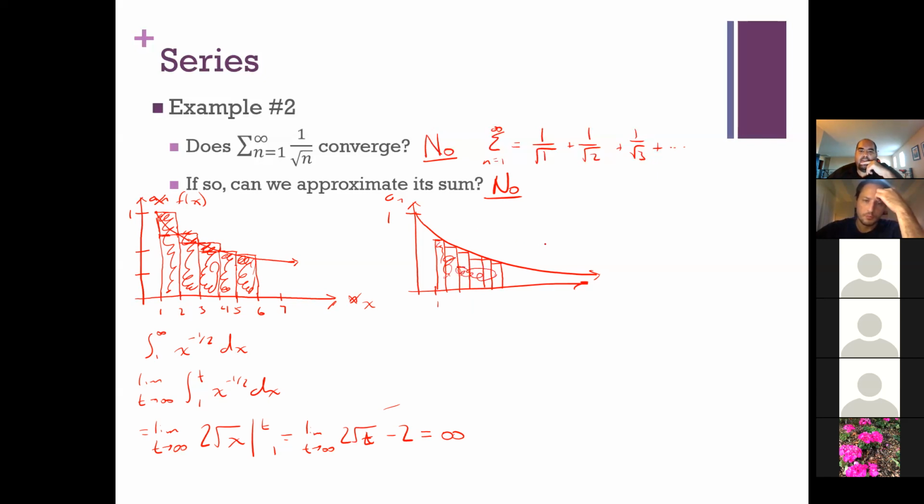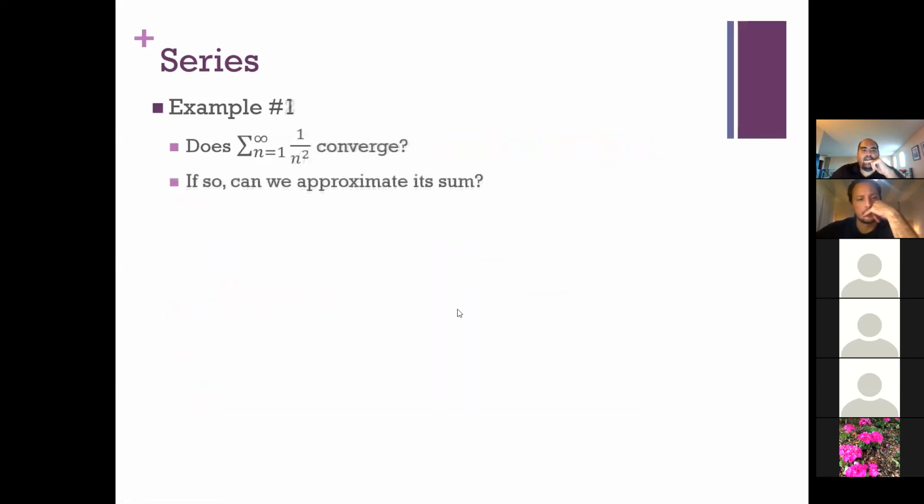So if I find out that the integral diverges, then I really can't say that the series diverges, because the sum of the series is going to be smaller. So maybe it's finite. But the way we actually approach this, I know that the integral to find the area under the curve diverges, so anything bigger than that is going to diverge as well. Just to see the contrast here, I'm going to go back a slide.